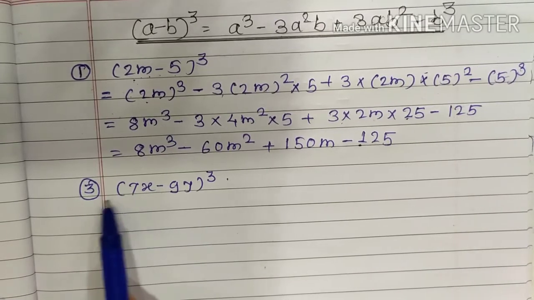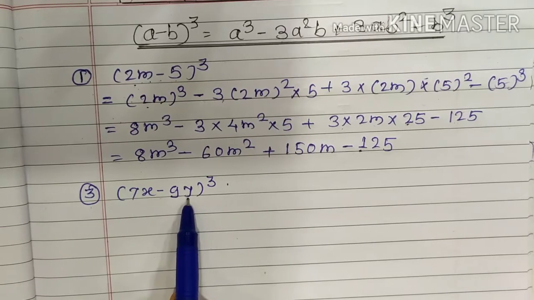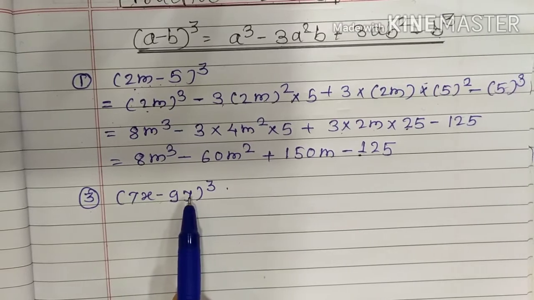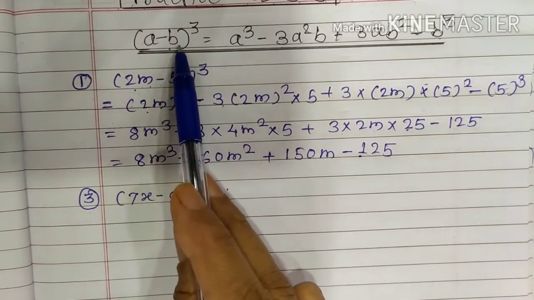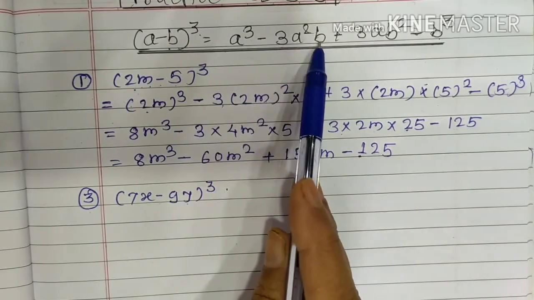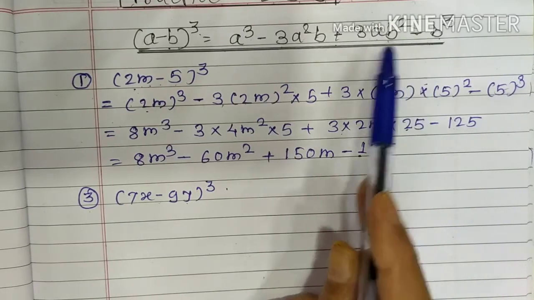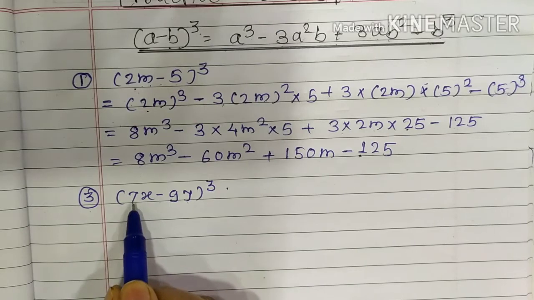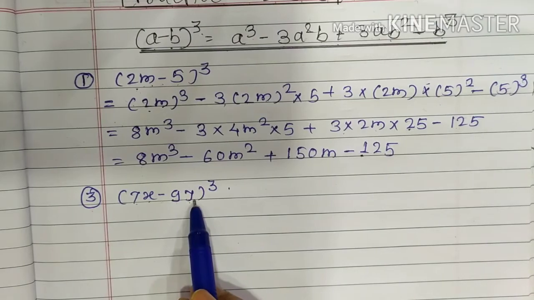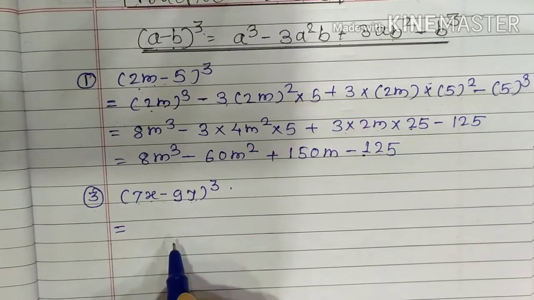Next, example number 3: (7x minus 9y) cube. So again we use the formula: (a minus b) cube is equal to a cube minus 3a square b plus 3ab square minus b cube. Let 7x be a and 9y be b, and expand by using the formula.